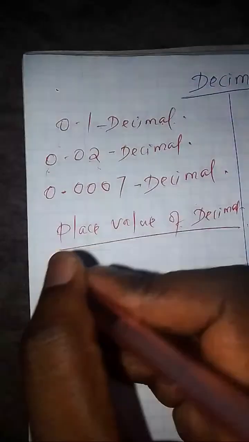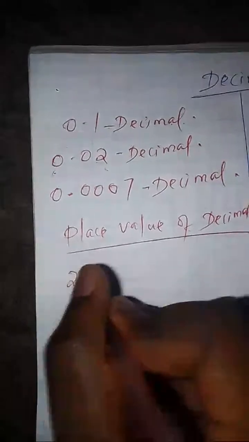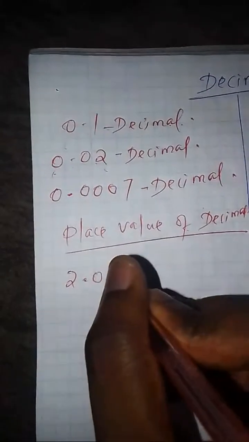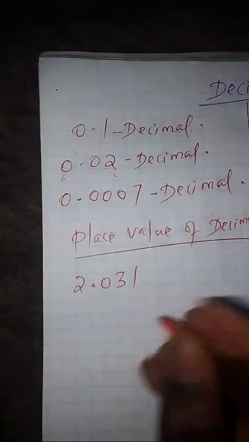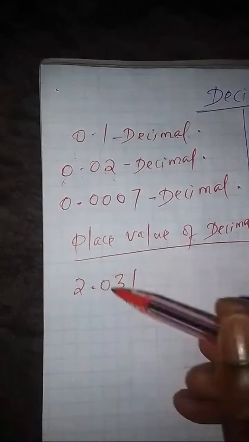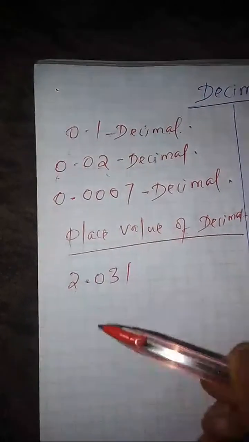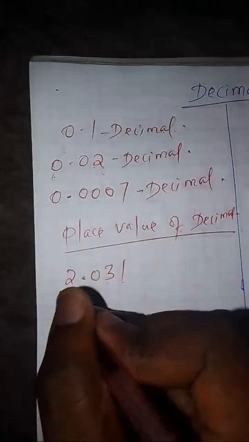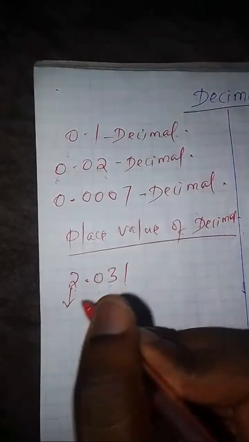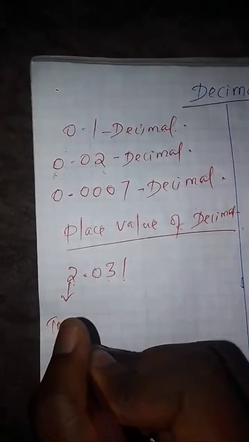Like for example, if we have a number like 2.031, this one is a decimal number. So here if we are asked the place value of 2, you can also ask the place value of 0, 3 or 1. So remember that here the place value of 2 starts from tenths.